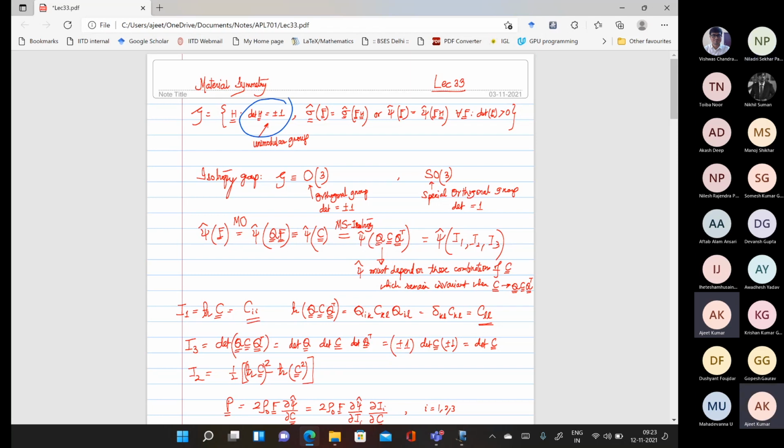For such a material, it will only depend on the third invariant. The first and second invariant dependence goes away. You can show that mathematically. So that was a special case. It's not always the case.